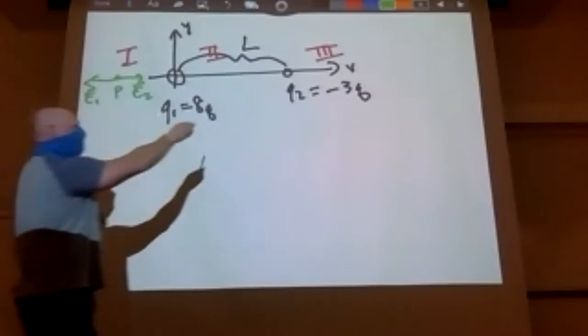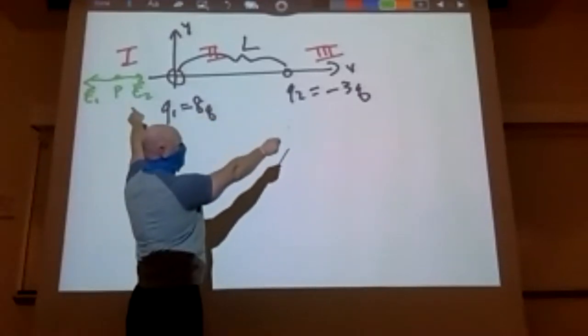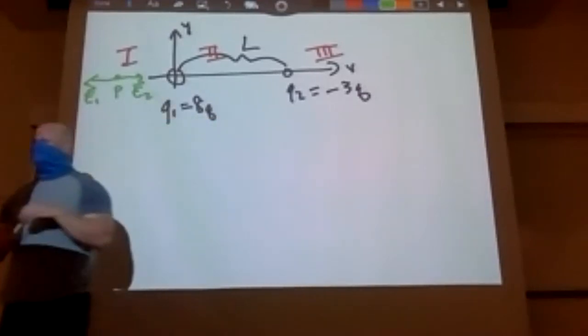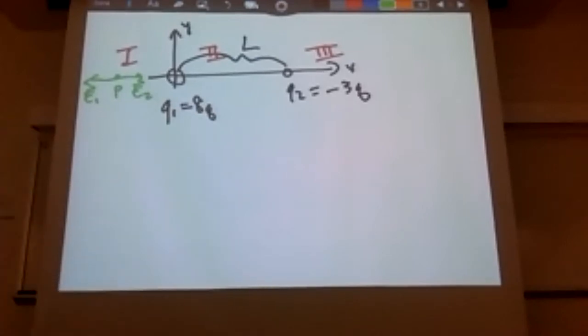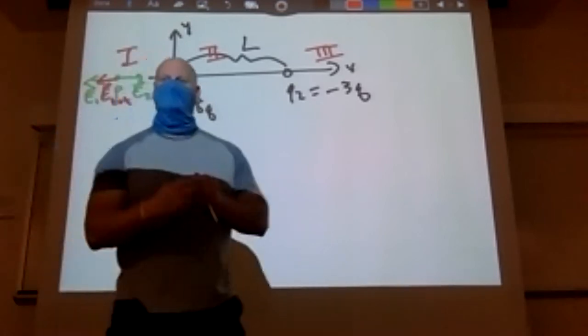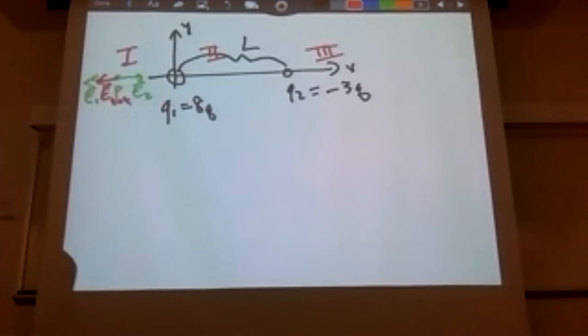If I take a small numerator, divide by a large distance, that gives me a much smaller number, which means that no. Anywhere in this region, the overall net electric field will always be pointing this way. So the total electric field will always point in this direction, in this region. The answer is no. We have to think about proportionalities. What about region 2? Could we have a total electric field in region 2 equal to 0?